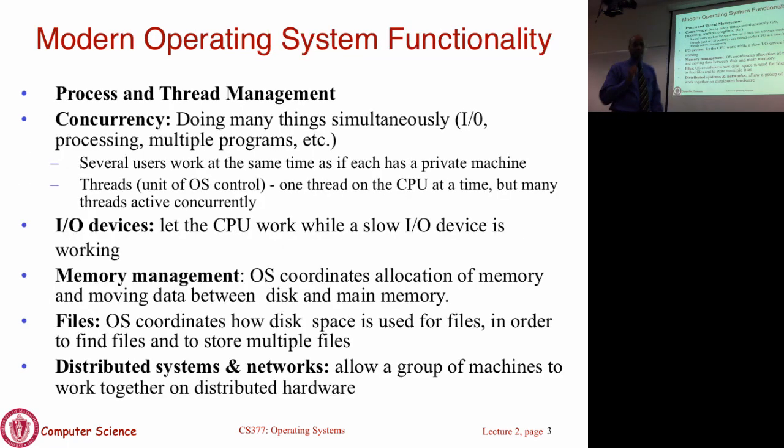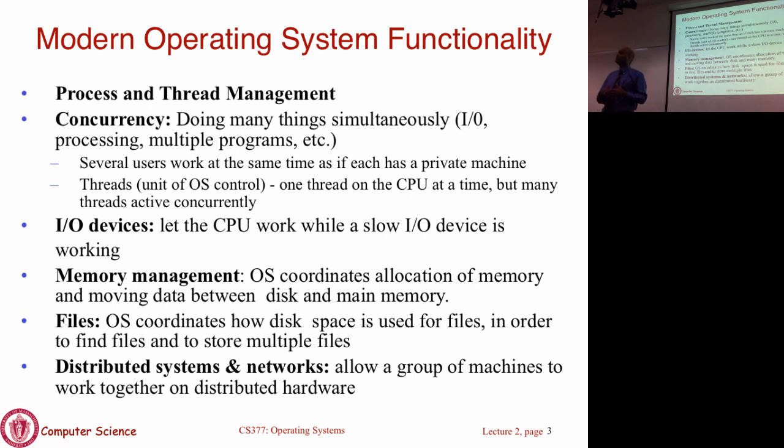So a quick recap of OS functionality. I mentioned some of this last time already. The OS does a number of things, and at the very top we have process and thread management. Users start applications on their machines. Applications are run as processes. The process may be multi-threaded if your application is multi-threaded.